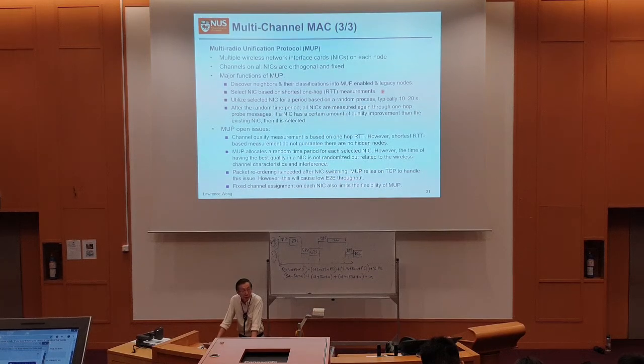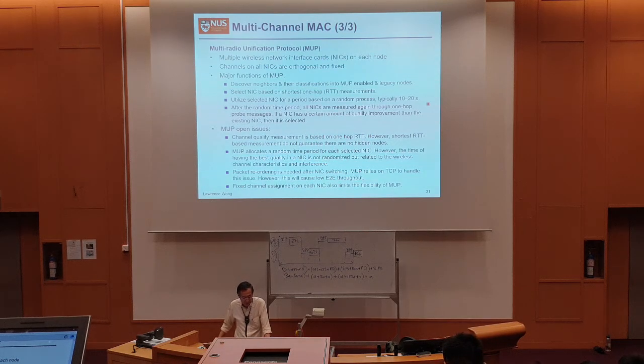So that will be the round trip time, or RTT time. Okay. Then you utilize the selected NIC for a certain time frame, 10 to 20 seconds, and then you do the selection again. So in other words, it is to provide fairness so that you don't hog a particular channel. Okay, you use it for a short while and you rediscover. So that's to provide fairness.